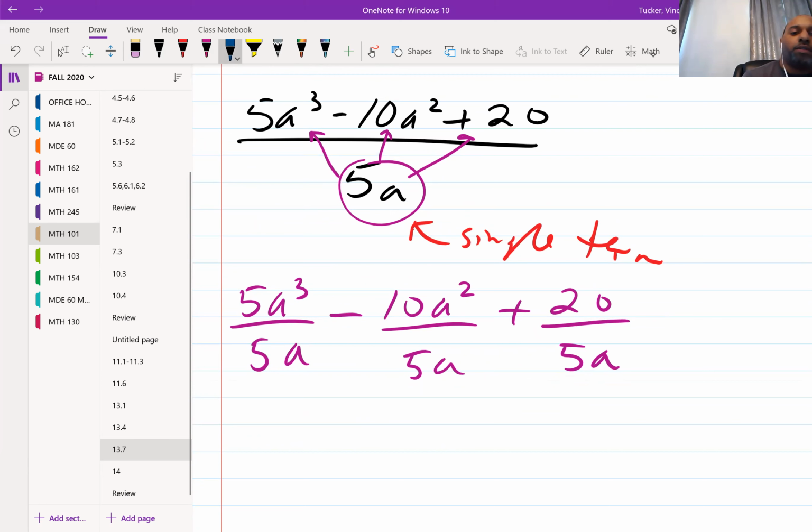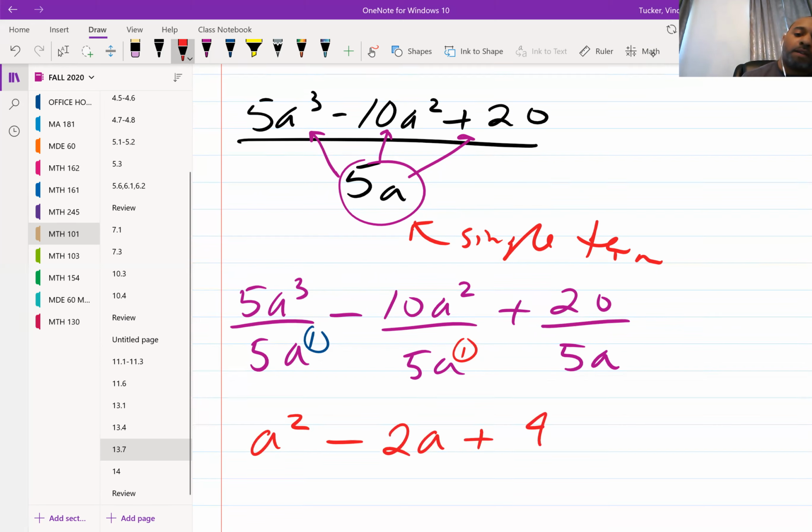Also, don't forget, we're going to subtract our exponents. So 3 minus 1 here would just be a squared. 10 divided by 5 is 2. Subtract your exponents. That'll just be a to the first power.